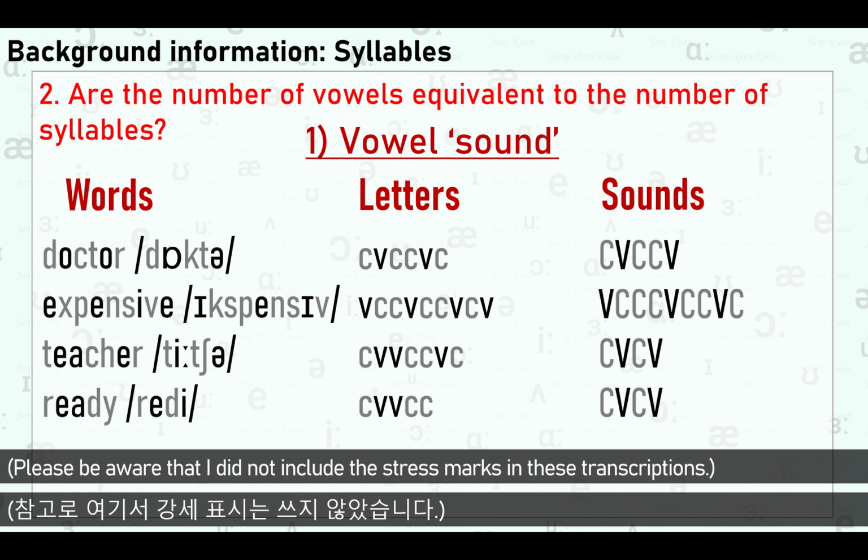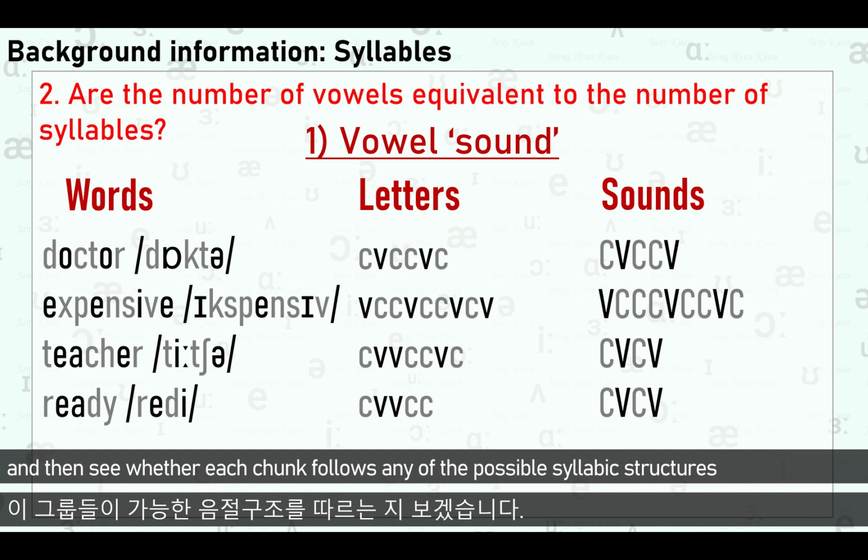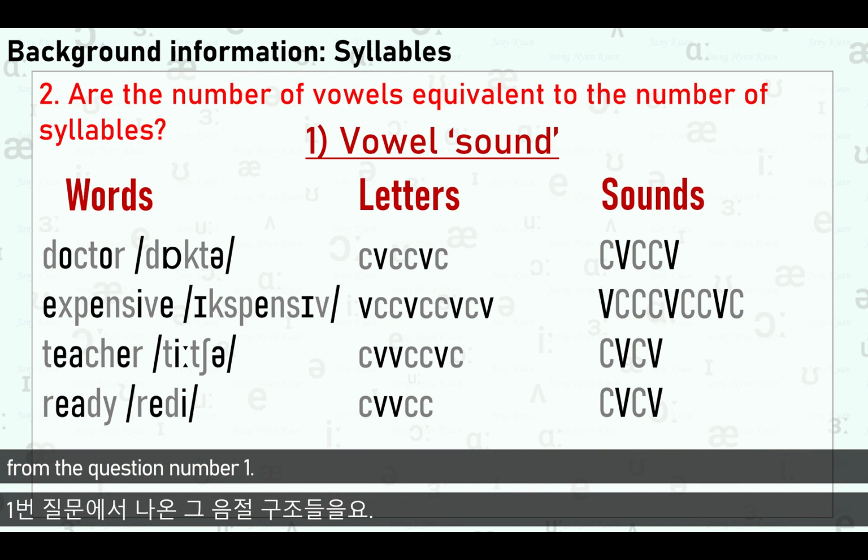Please be aware that I did not include the stress marks in these transcriptions. Next, we will split each according to the chunks that we can hear. And then see whether each chunk follows any of the possible syllabic structures from question number 1.